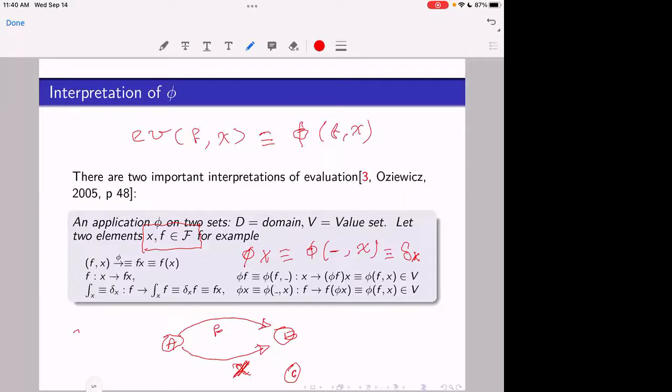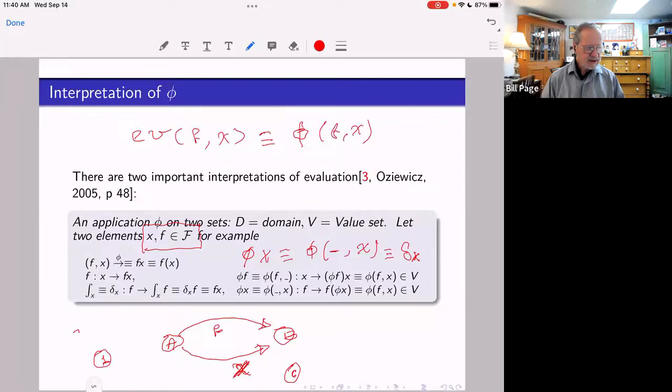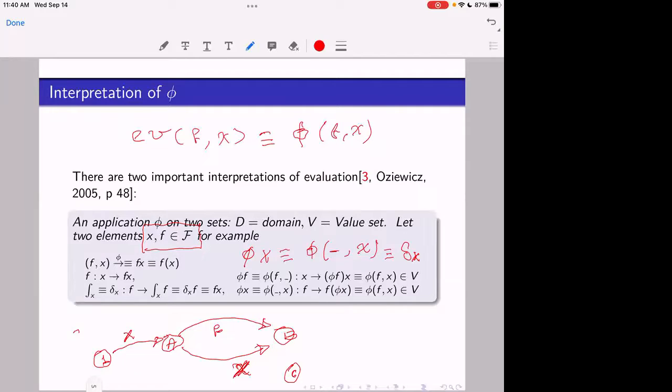Okay, so here we have 1, and then an arrow from 1 into A. And we label that X. And so then the application of F to X is the composition of those two arrows from 1 to B. Then I'm going to erase here so that we can have this.